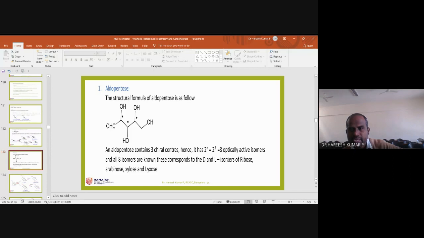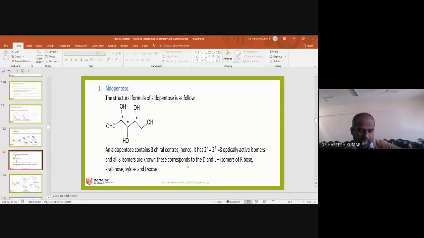That means 8 optically active isomers are possible, and these compounds correspond to the D and L isomers of ribose, arabinose, xylose, and lyxose. So let's go to the next slide.